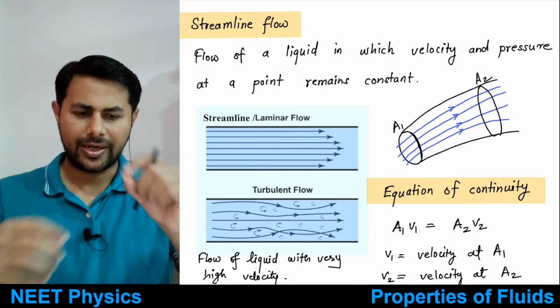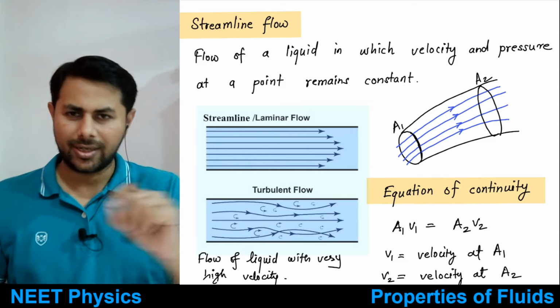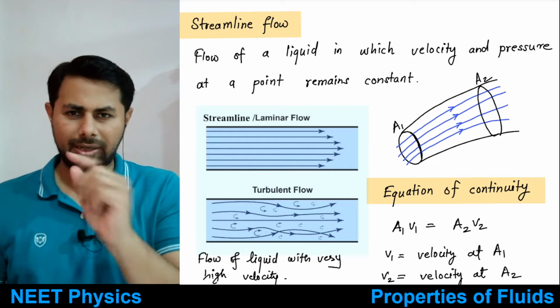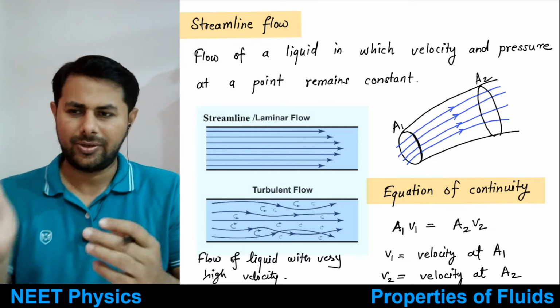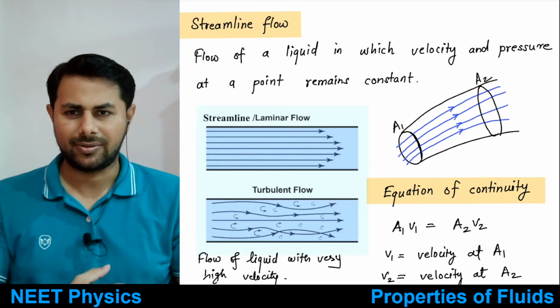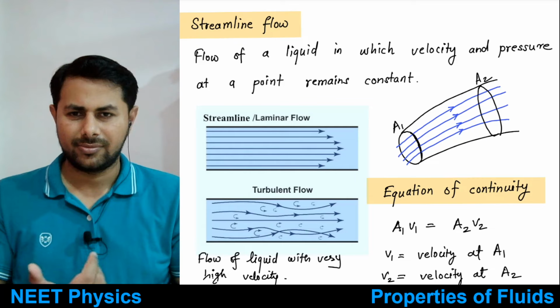Now our shower has small holes, so the collective area of those small holes is smaller compared to the area of the pipe, and therefore the water comes out with very high velocity. Okay.